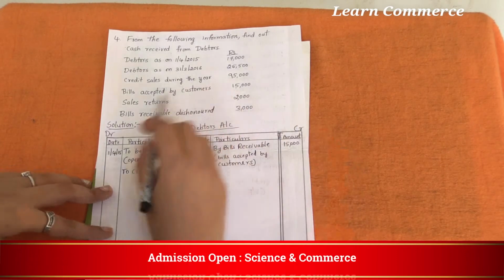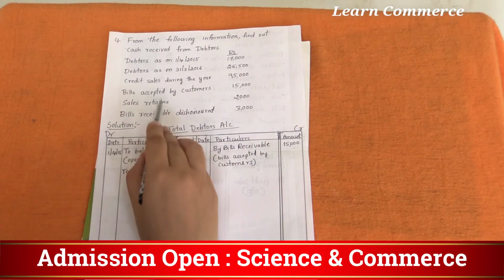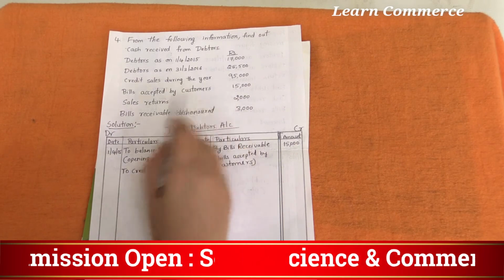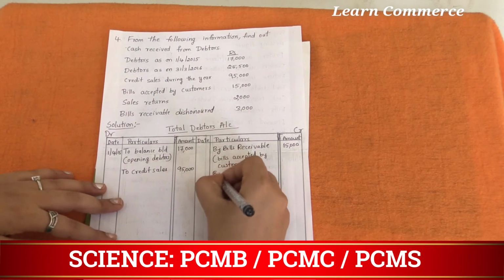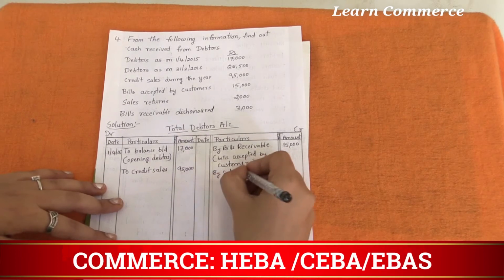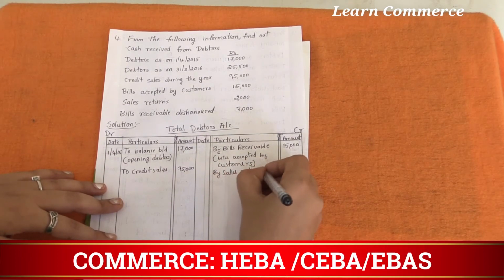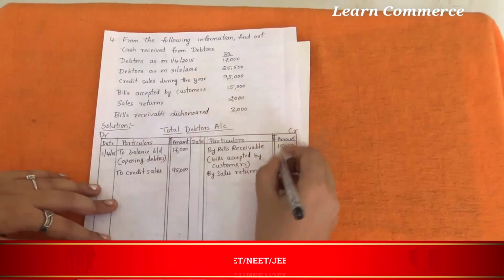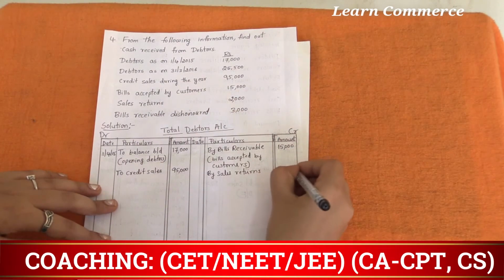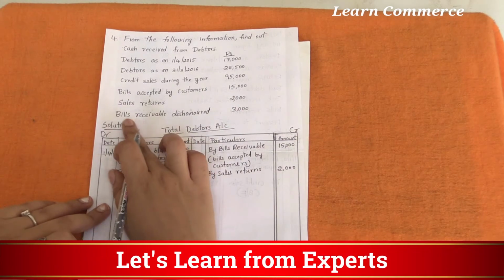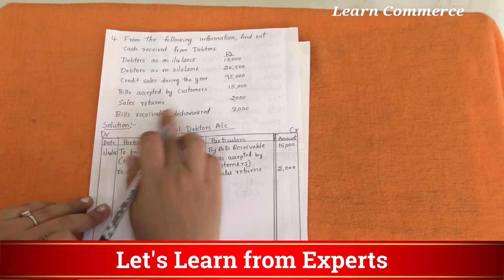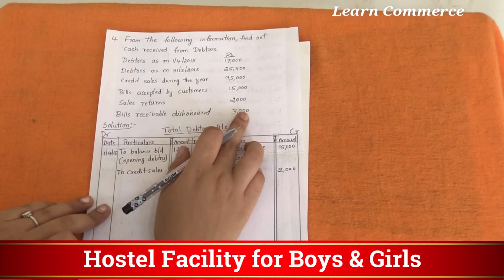Okay. Next one, sales returns 2,000. Sales returns we should record on the credit side, by sales returns. Amount is given 2,000. Okay. Then bills receivable dishonored 3,000.